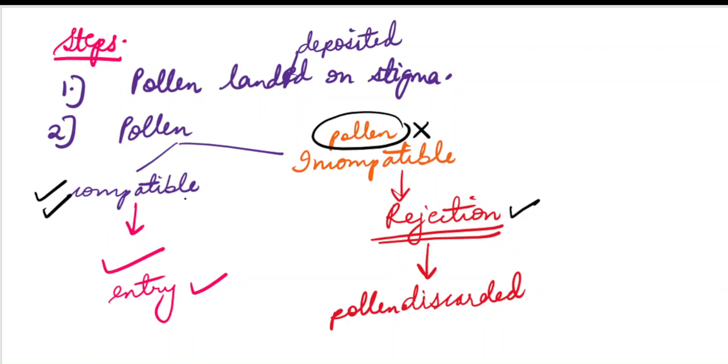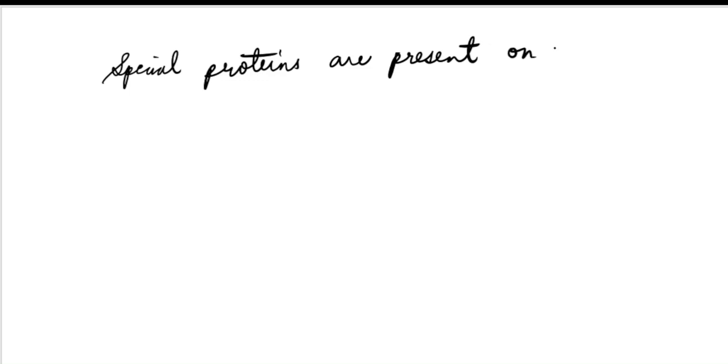Now how will we come to know whether a pollen is compatible or not? The pollen has special proteins. Special proteins are present on pollen. And due to these special proteins, there will be a detection by the stigma.